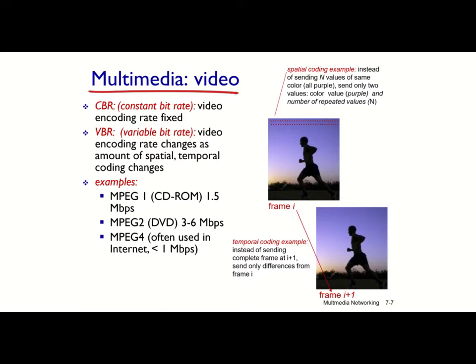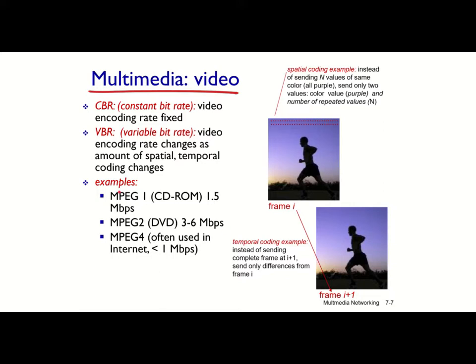Usually it would be very small, but if you have a very active scene and everything is changing in the frame, then the temporal coding should be increased substantially. So it's a much smarter way of discretizing videos.